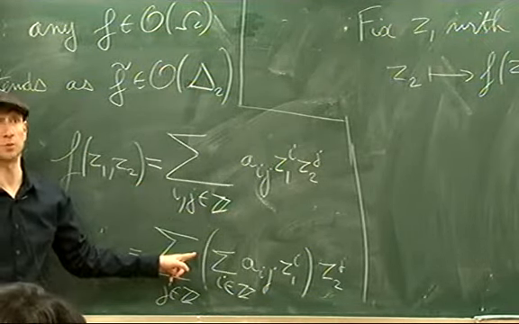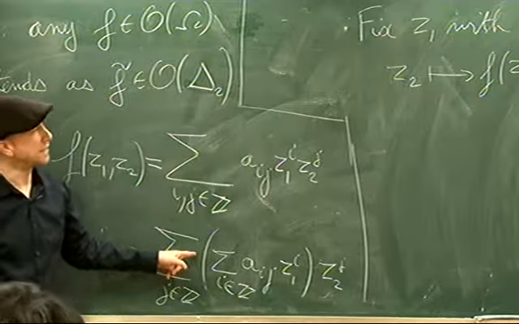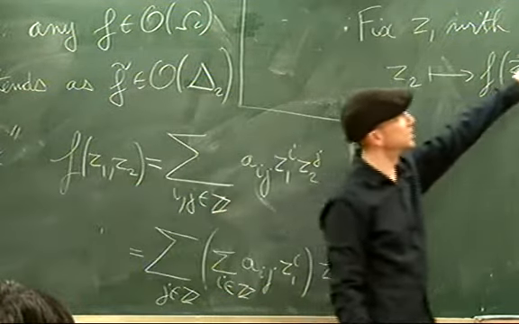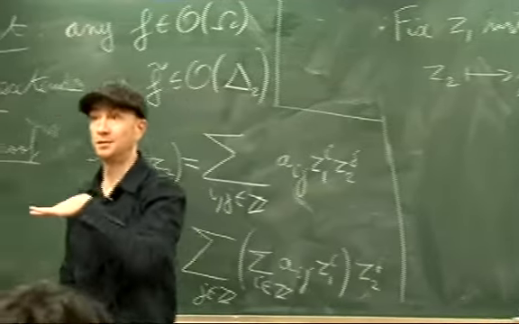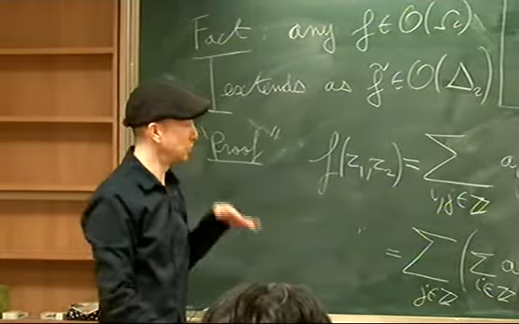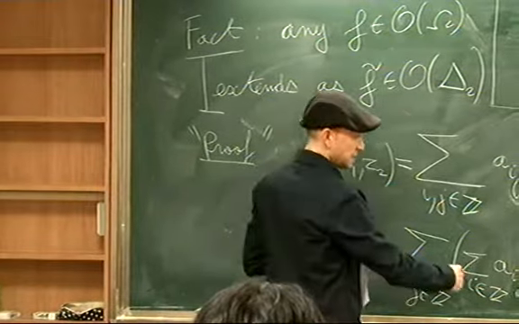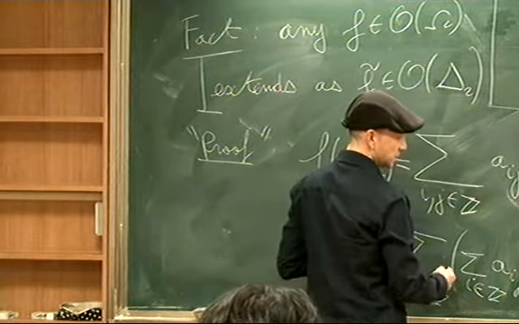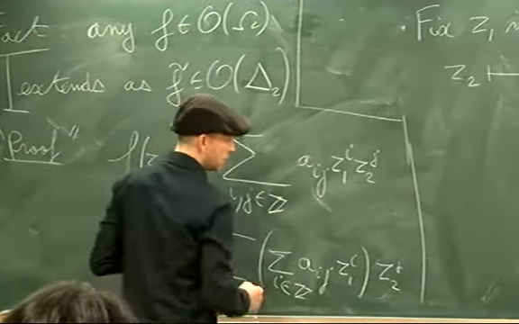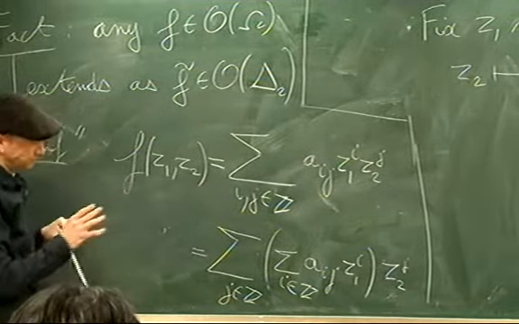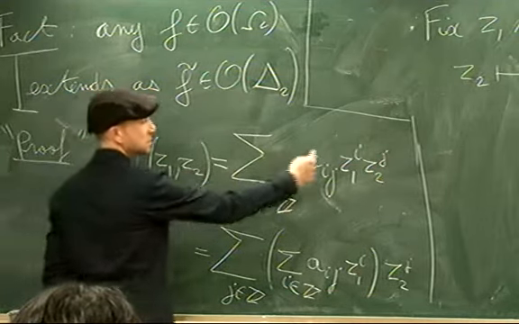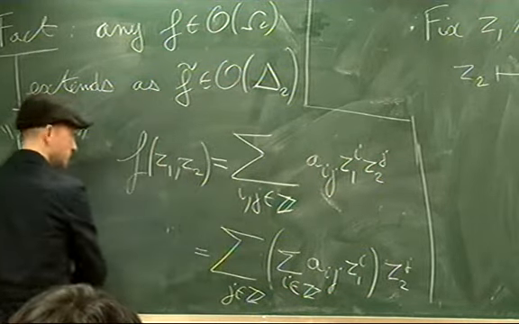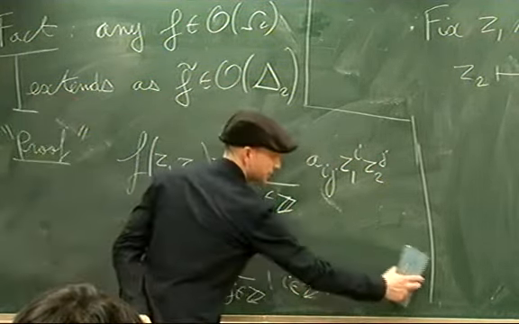But if this is a holomorphic function of z1 that is identically 0 when z1 is in there, then necessarily it's identically 0 everywhere. So this will be 0 everywhere. So this shows that in this series, actually, let me go back to this series.